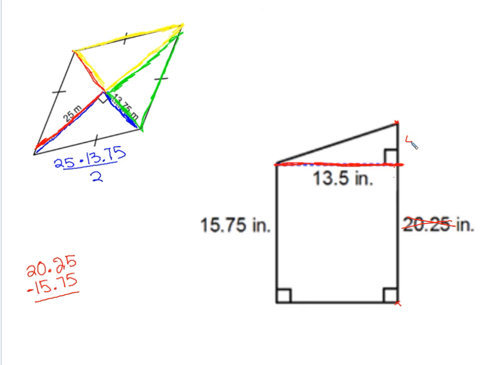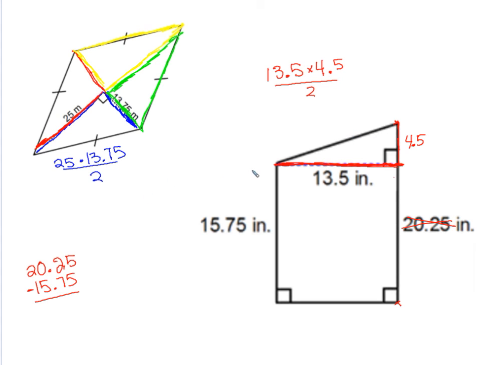This is 4.5. Okay. So now I need to get the area of this triangle. And the base of it is 13.5 times 4.5. And I need to divide that by 2. And that answer is going to go here.